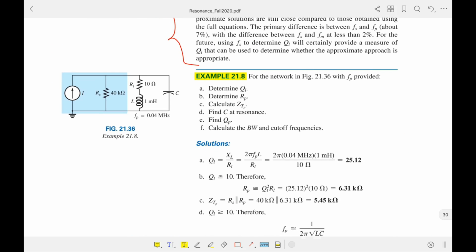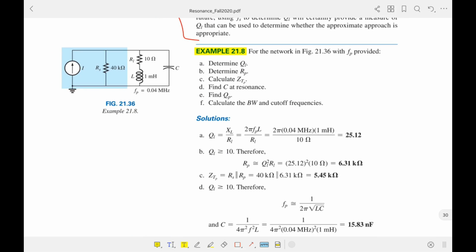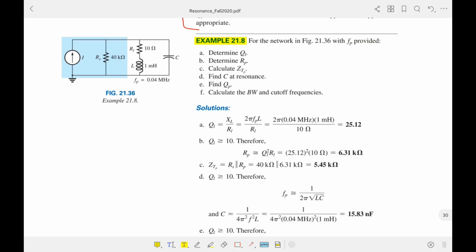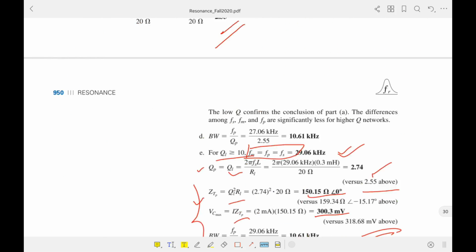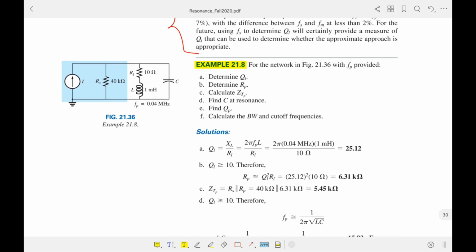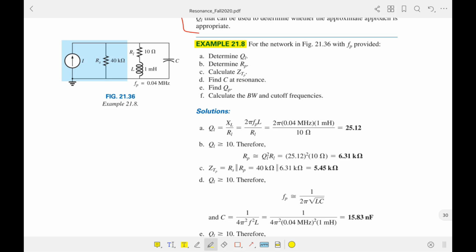Now example 21.8. Similar math is given where RS is available. In the previous circuit we had no source resistance RS, but in this example we have a 40 kilo ohm RS. First of all, determine QL. You know that QL consists of only this branch, right? So QL equals just XL over RL, so you can calculate this one, and determine RP.